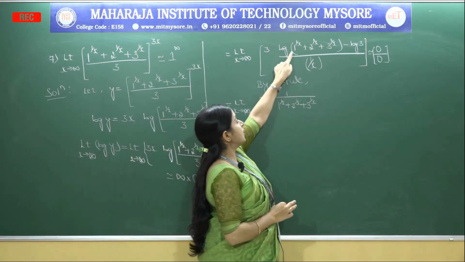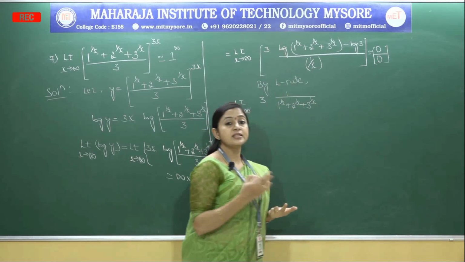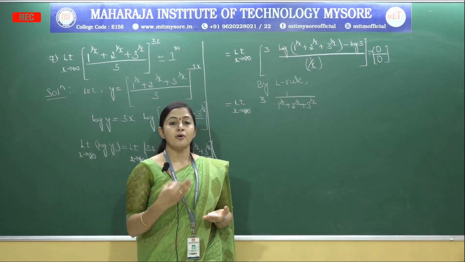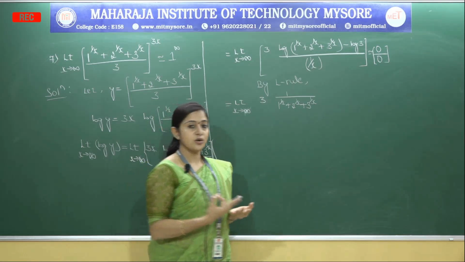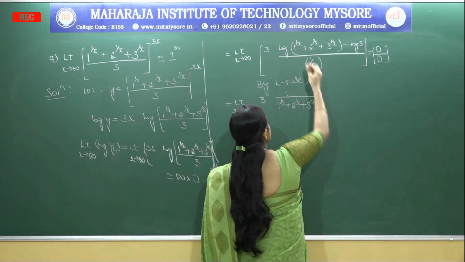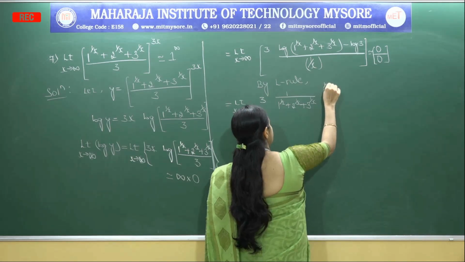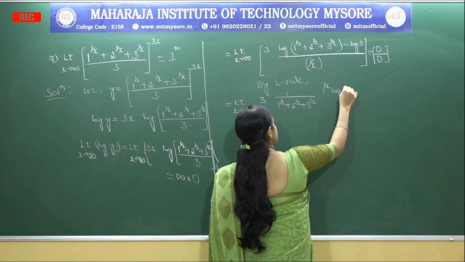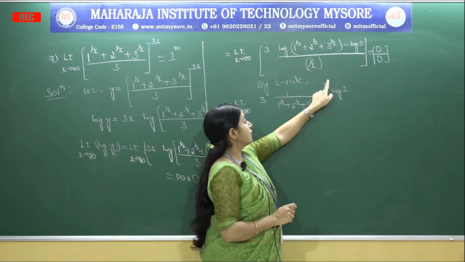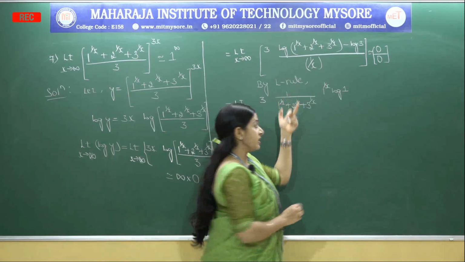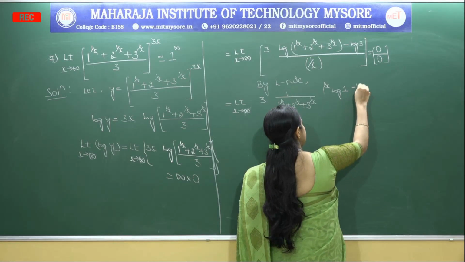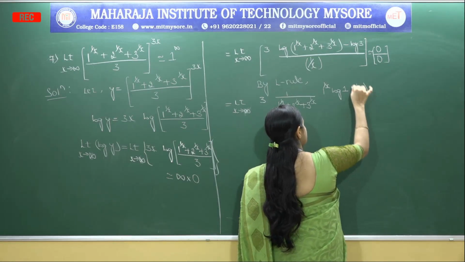Next, differentiate 1^(1/x). It's the same as the previous problem: a power x differentiation is a^x log a. The same case, differentiate 1^(1/x): 1^(1/x) into log 1. Then you have to differentiate 1/x again. So 1/x differentiation is minus 1/x square.